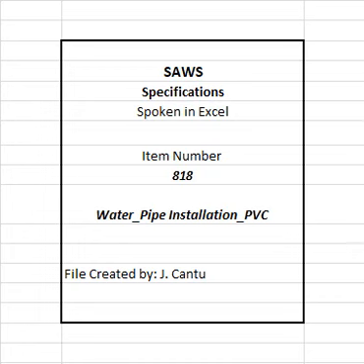C. ASTM D2122, Standard Test Method for Determining Dimensions of Thermoplastic Pipe and Fittings. D. ASTM D2241, Standard Specification for Poly, Vinyl Chloride, PVC, Pressure Rated Pipe, SDR Series.